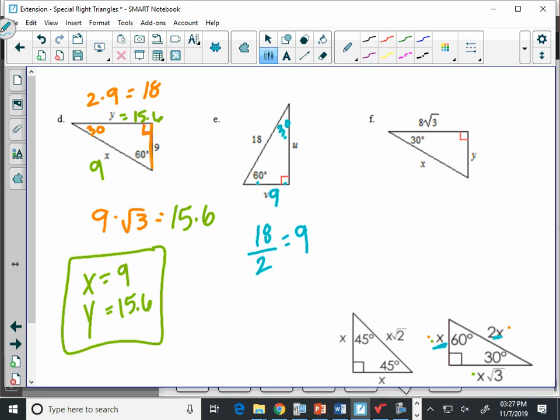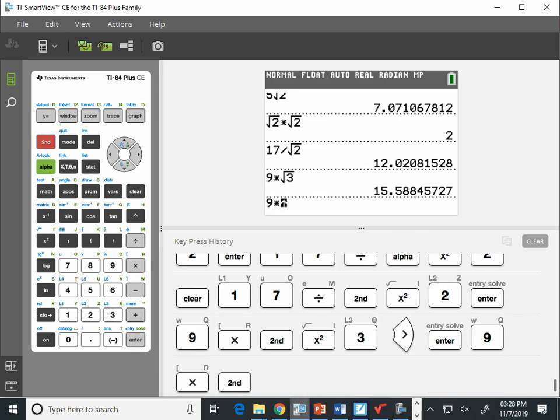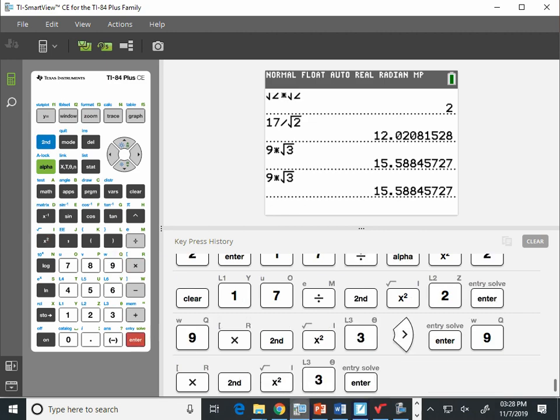I know that's the short leg because that sits across from the 30-degree angle. Then to go from short leg to long leg, I multiply it by radical 3. So I'm going to do 9 times radical 3, and I get 15.6.